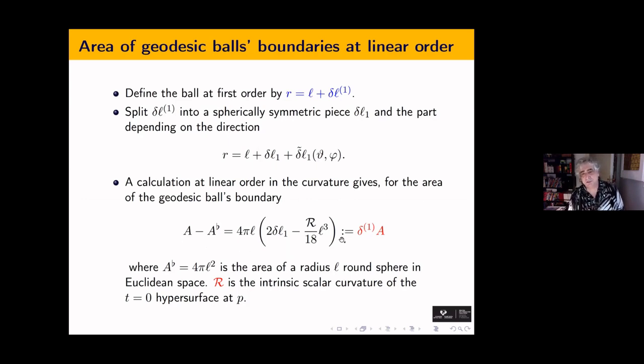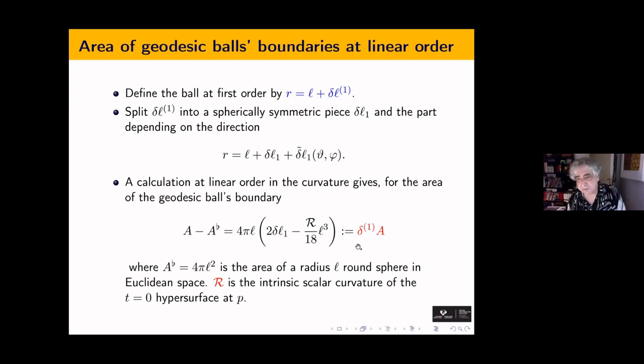And then this is equal to this thing. So this is the spherically symmetric part. And this calligraphic R is the intrinsic scalar curvature of the hypersurface at P. So this is the scalar curvature within the hypersurface at P.